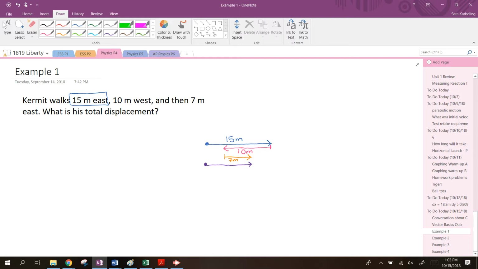So he walks 15, comes back 10. So how far is he from here now? 5 meters? And then he walks 7 more meters. So 5 plus 7 gives you? 12 meters, but it's a vector, which means that I need both a magnitude and a direction. Going east. How are we doing?